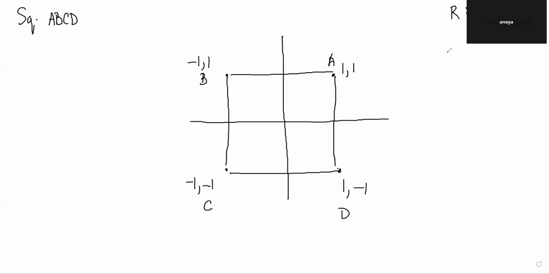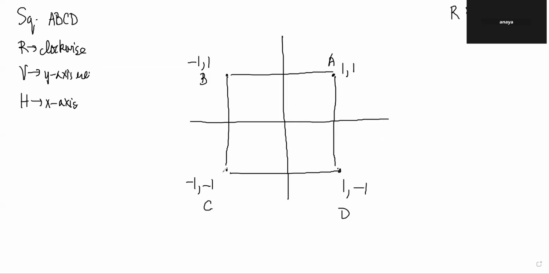RRVH. R is clockwise. V is a reflection about the y-axis, and H is a reflection about the x-axis. If I do R and then R, A will go to C, because it's a 180-degree clockwise rotation.